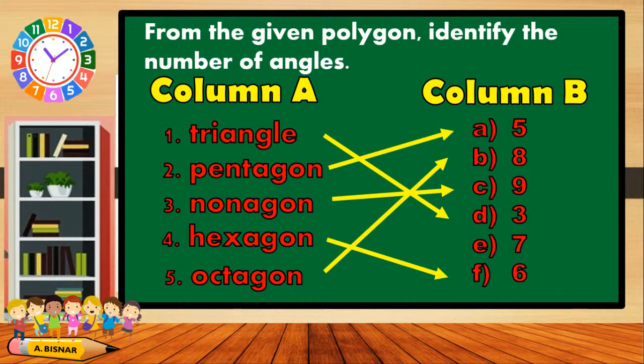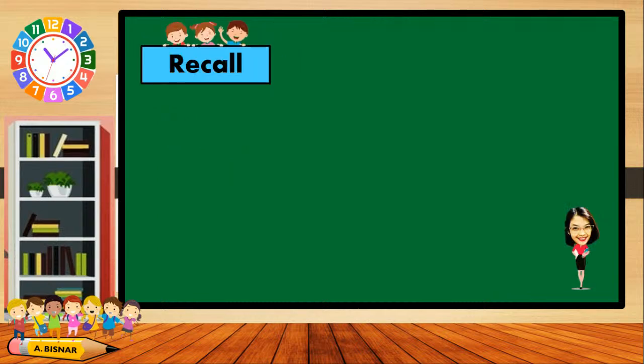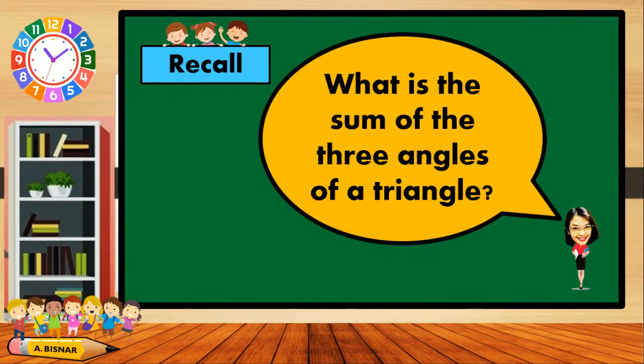So, where are we going to use this lesson? Just like from the title itself, sum of the interior angles, you must know how many angles a polygon has. From the given polygon, how many angles does it have? For example, from what we studied last week, what is the sum of the 3 angles of a triangle?